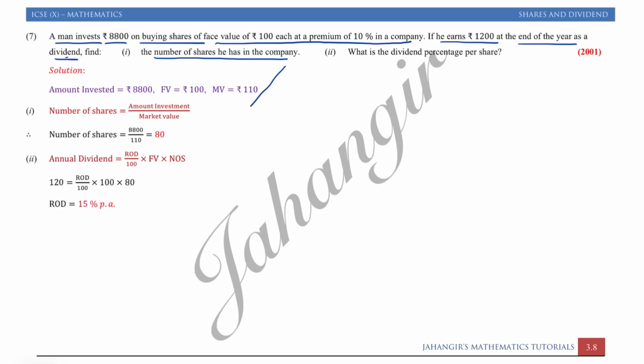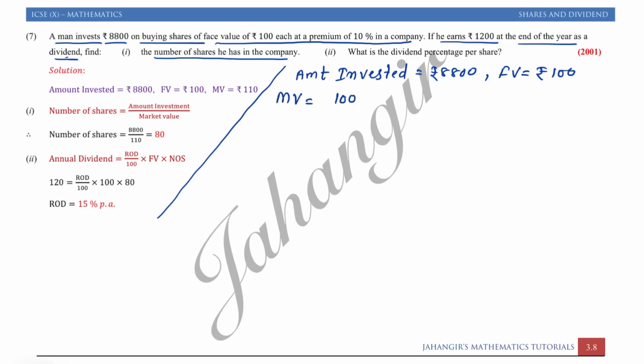If you look at this, the first information given is the amount invested. So the man had invested rupees 8,800. Amount invested is equal to rupees 8,800, of face value rupees 100 at a premium of 10%. So MV is face value plus 10% of face value.